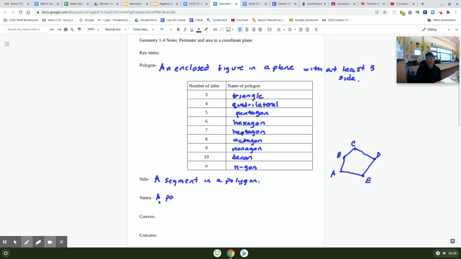And it's just two sides. You can't have more than two sides of a polygon intersect. However many sides a polygon has, it would have that many vertices. For example, a nonagon, nine sides, would have nine vertices as well. It would actually also have nine angles. We'll talk more about angles of a polygon later on in class.